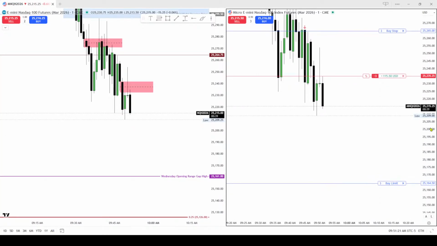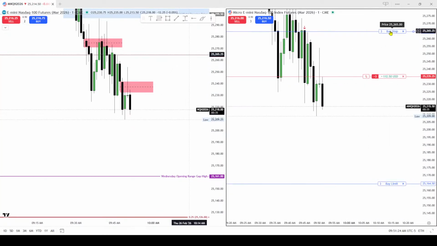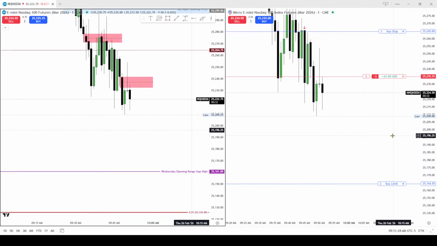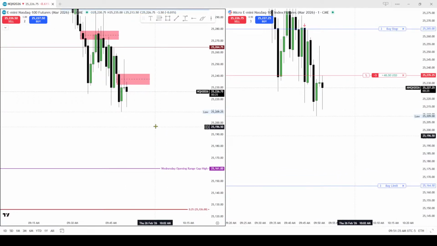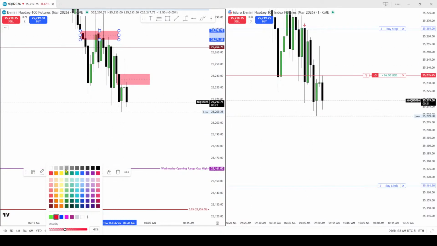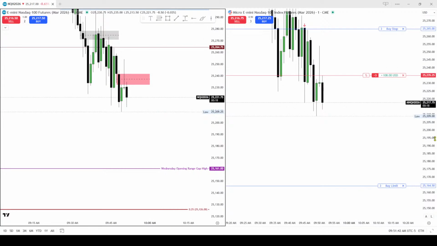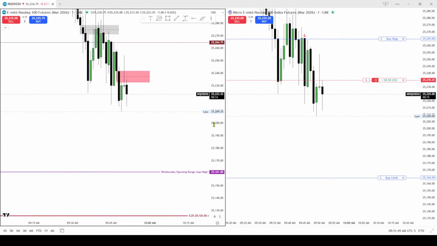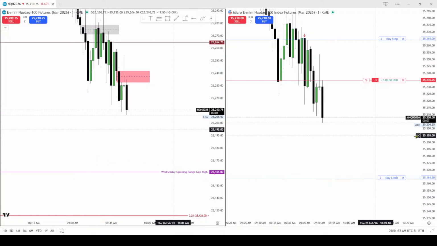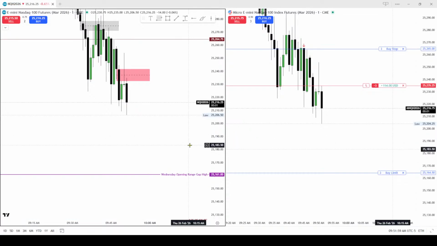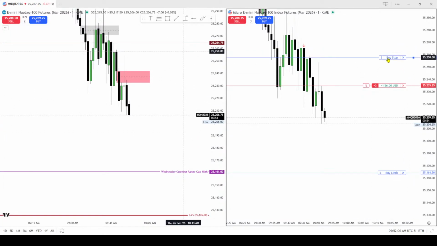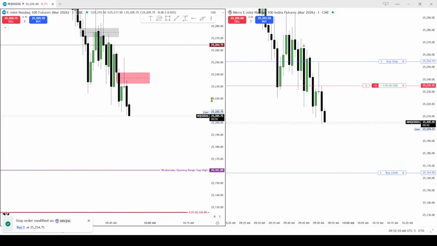So let's just see if we can get our target hit here. I'll roll my stop to this high right here because I don't expect price to come back up there.